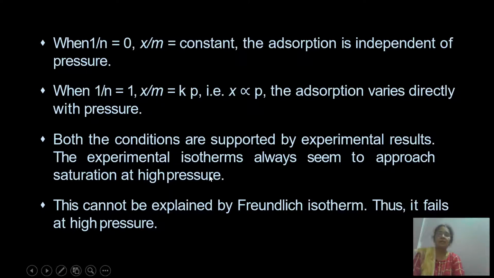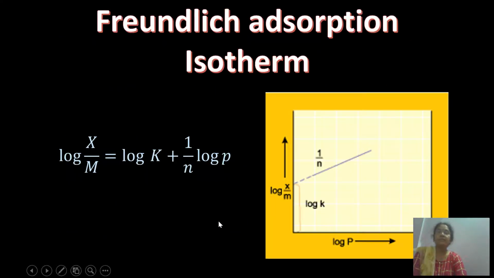But the limitation of Freundlich adsorption isotherm is that it fails at high pressure. If we take the logarithm, then log x by m is equal to log k plus 1 by n log p. So we can plot a graph y is equal to mx plus c. On the y-axis log x by m, on the x-axis log p, and log k is the intercept. 1 by n is the slope.